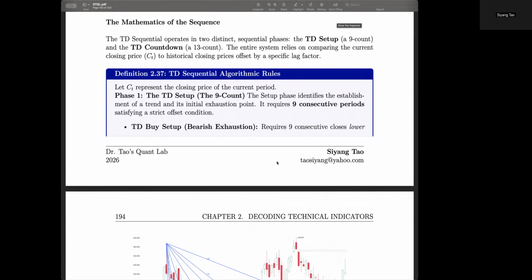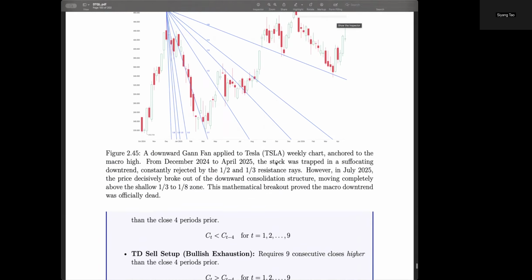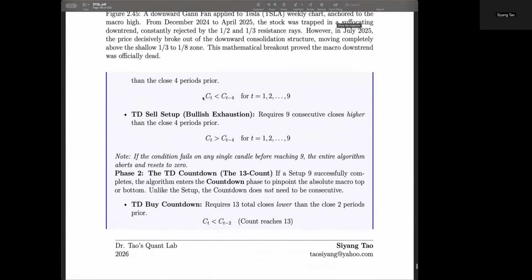For a bearish exhaustion, which we call a TD buy setup, the algorithm looks for 9 consecutive trading days where the closing price is strictly lower than the closing price 4 days prior. Mathematically, C_t must be less than C_(t-4) for 9 days in a row.